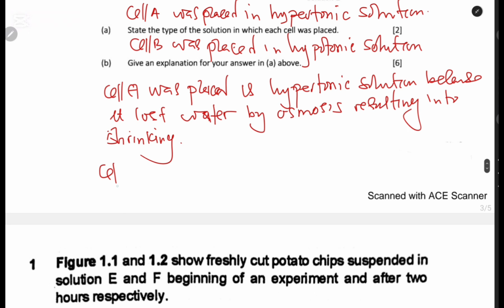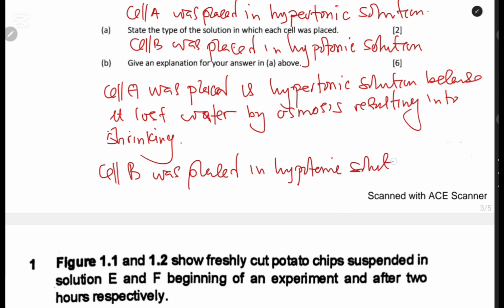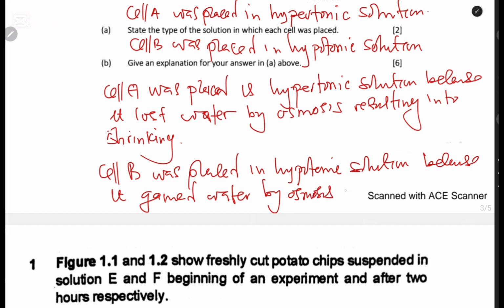Then of course, what about cell B? So cell B was placed in hypotonic solution because it gained water by osmosis, resulting in the cell bursting.